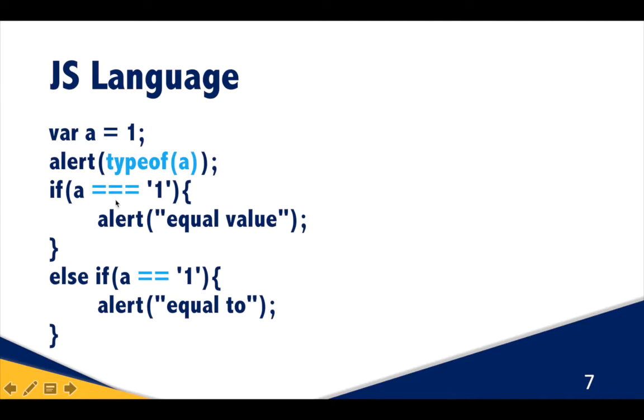Very interesting here that in JavaScript you have a triple equal sign here, and a double equal sign here. It means differently. This one will test the exact type, the value and the type. The reason that JavaScript has this funny sign is that, as you know, a equals 1, but 1 can be anything, it can be a string, it can be an integer.